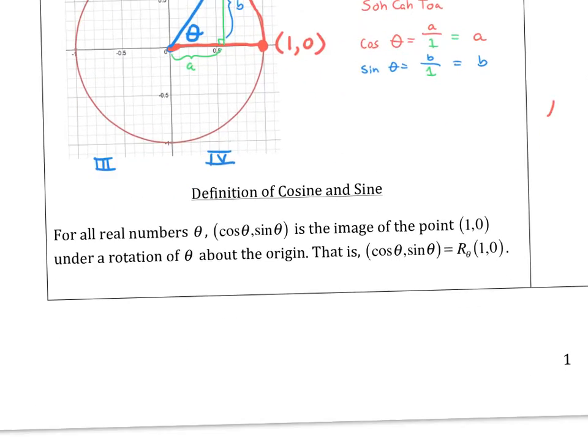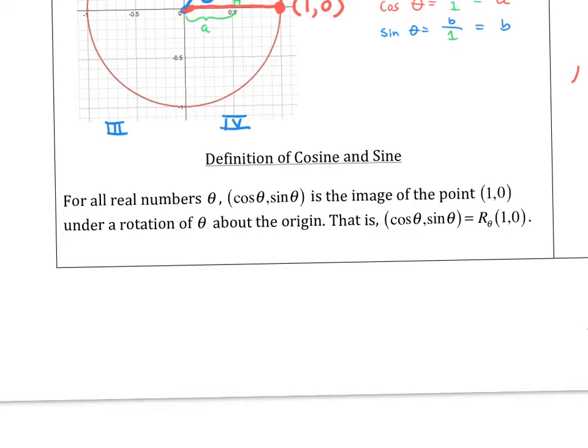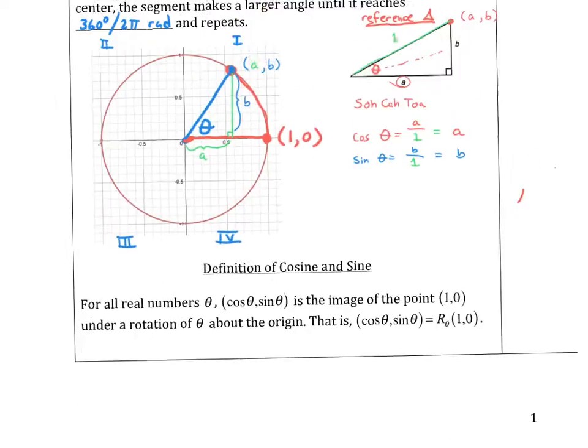But let's now officially define cosine and sine relative to the unit circle. For all real numbers theta, the cosine of theta and the sine of theta is the image of the point (1, 0) under the rotation of theta about the origin. That is, (cosine of theta, sine of theta) is equal to just that point being rotated.